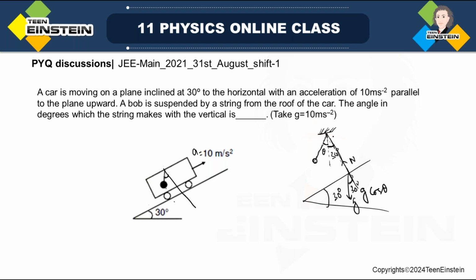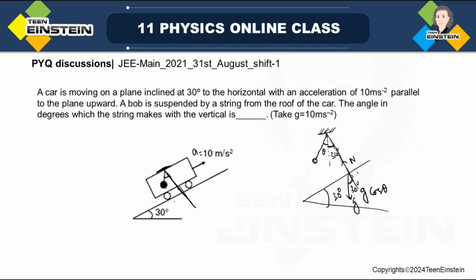But we have to find the angle with the vertical with respect to this support, that is perpendicular to the inclined plane. So this angle obviously is 30 plus some theta. I hope I'm able to make you understand. This is the situation here, right? So with this I have to check.